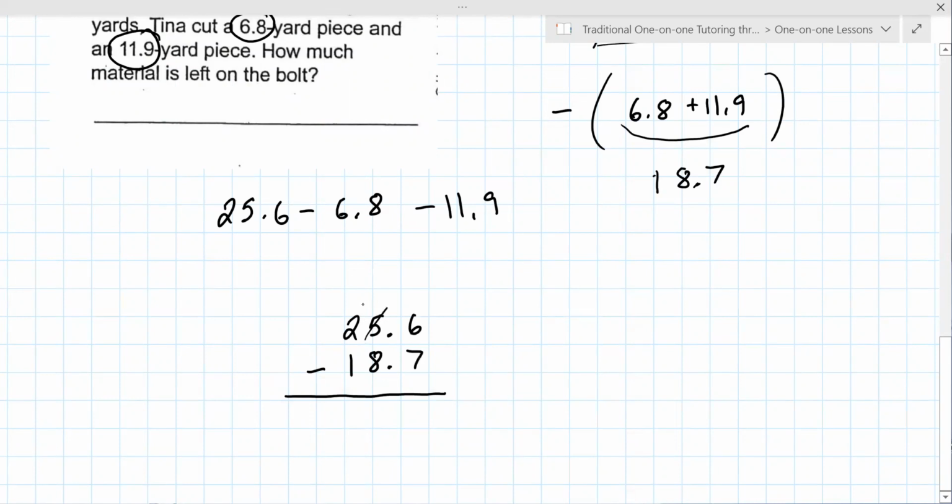So you have to borrow from the 5. And that's 16 minus 7 is 9. Borrow from the 2 because the 4 is smaller than the 8. So you got 14 minus 8 is 6. And then 1 minus 1 is 0. So since this is a word problem, and we did this in the previous one, you do have to specify the units: 6.9 yards.